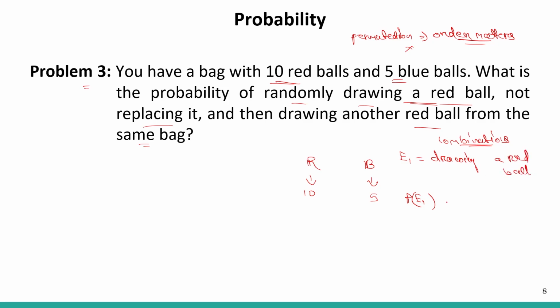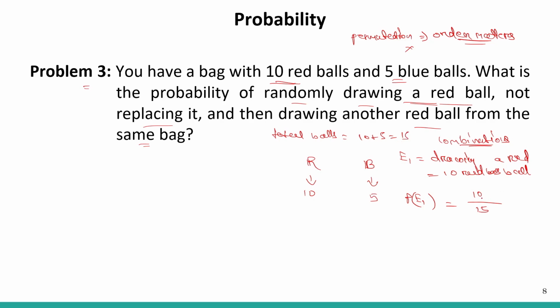So this will be equal to 10 by 15, because the total number of red balls is 10, right? And the total number of balls is 10 plus 5, which is equal to 15, right?